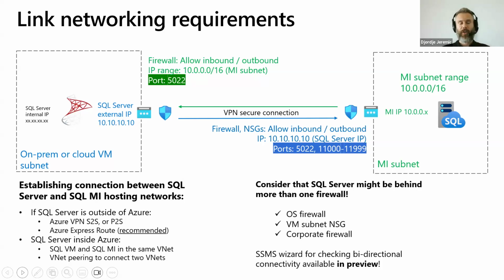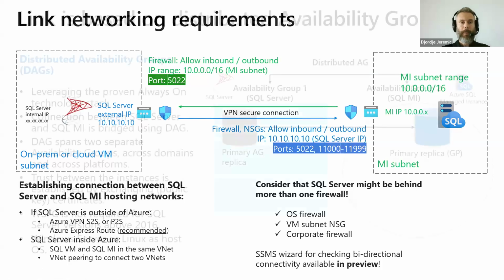In the tooling that we provide for this feature in SSMS, we provide a utility that can help you validate whether the connectivity between SQL Server and the SQL MI you have chosen to establish the link between satisfies these requirements.